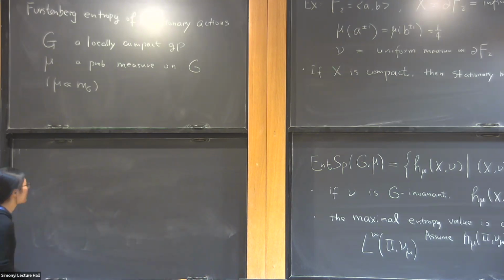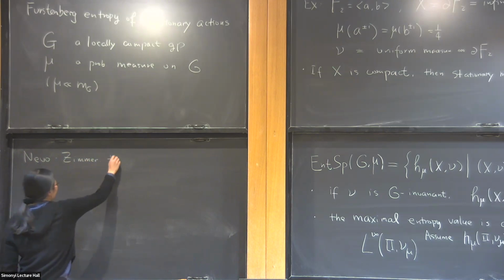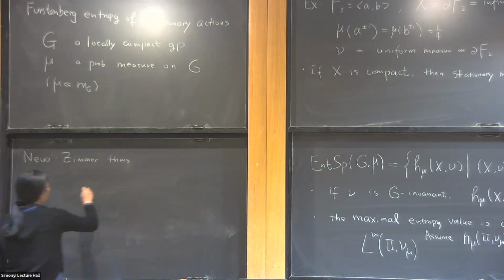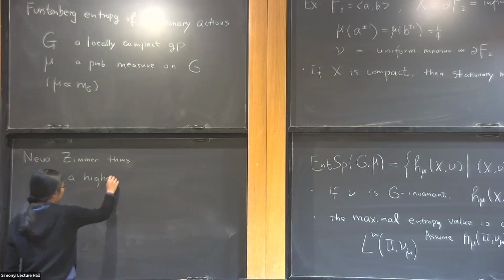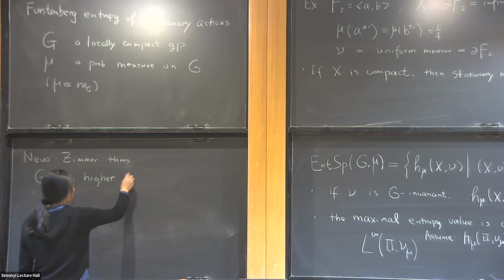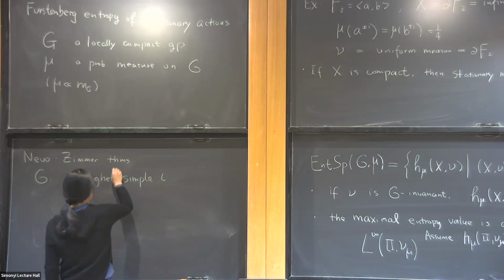So let's see. Right, so the next thing to see is these Nevo-Zimmer theorems. The first theorem is this well-known projective factor theorem. So here, let's take G to be a higher rank simple group. The theorem applies to semisimple groups with higher rank, no compact factors.